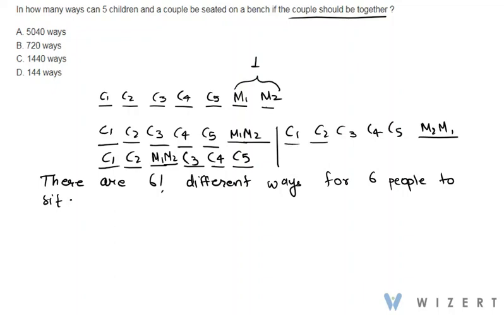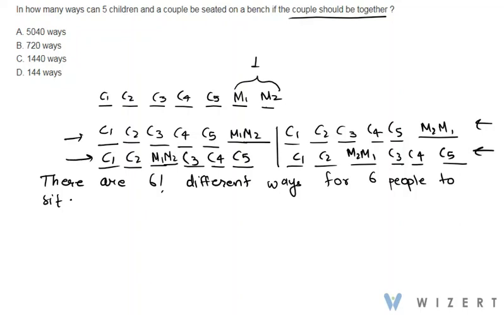So this combination is different from this combination. Right? These are two different combinations. Similarly, C1, C2, M2, M1, C3, C4 and C5. So again, this combination is different from this combination. So two members of this couple can be seated in 2 factorial different ways together. They can change their places among each other.